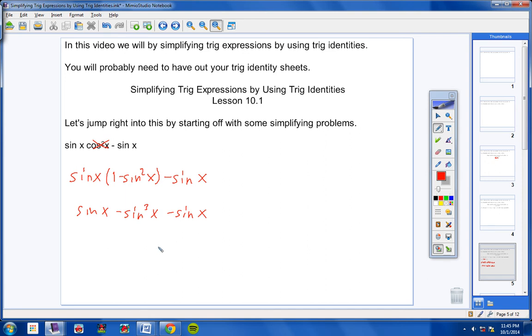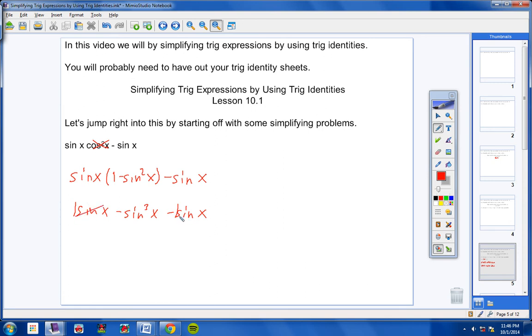This would be equivalent, students, in an algebra class, to having x minus x cubed minus x. In other words, notice how this term and this term are like terms, so we can combine those. Well, it's the exact same thing here. We have 1 sine x and minus 1 sine x.